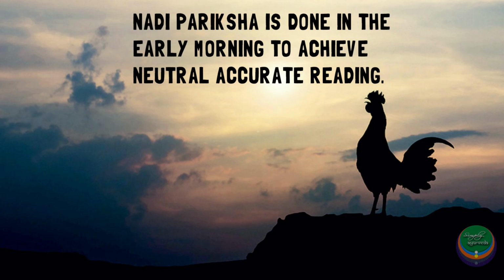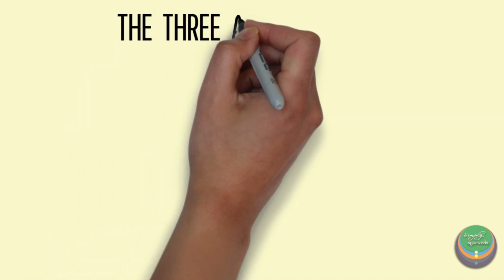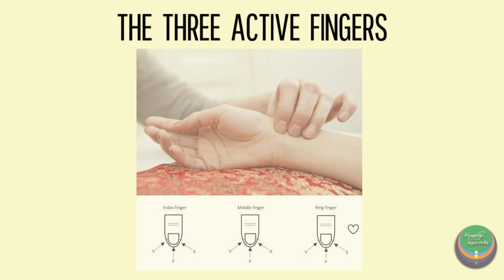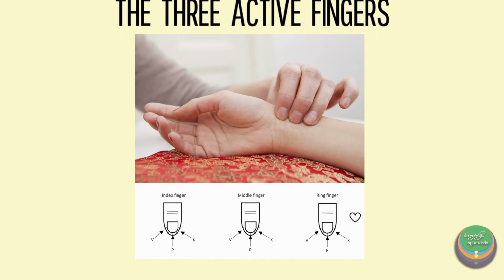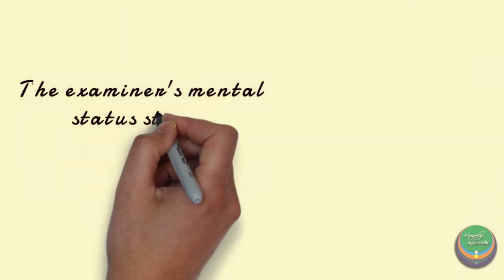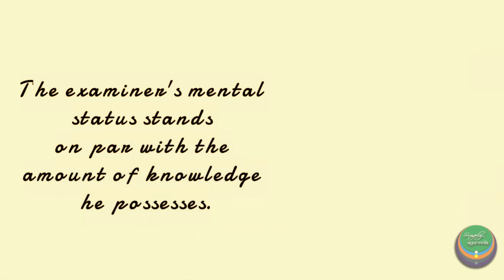We shall now look into the actual procedure of Nadi Pariksha. Nadi Pariksha is done with the help of 3 fingers, that is the index finger, the middle finger and the ring finger. Unlike the other methods of diagnosis, the examiner's mental status stands on par with the amount of knowledge he possesses.